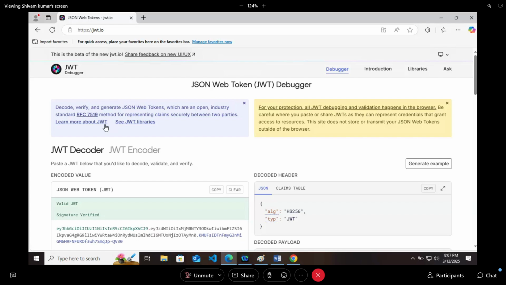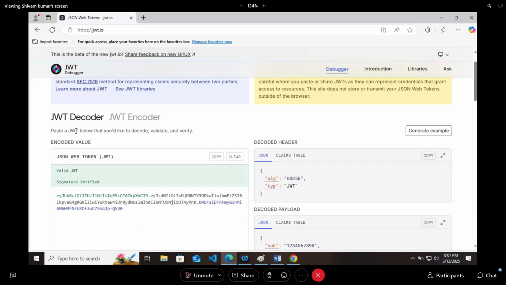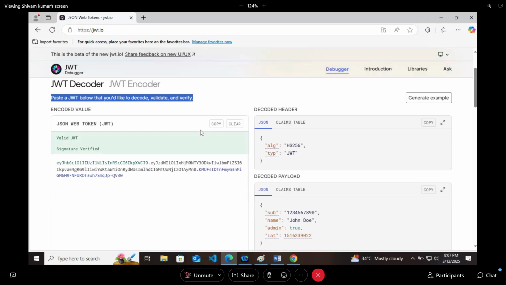So if you see here, just start reading. Paste a JWT below that you would like to decode, validate, and verify. A particular JWT has two things. First is a decoder header.